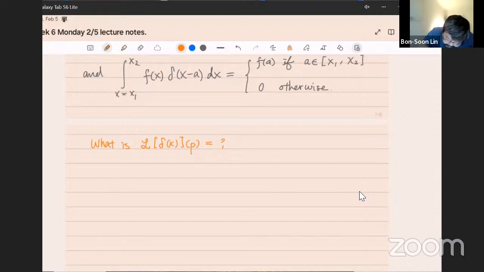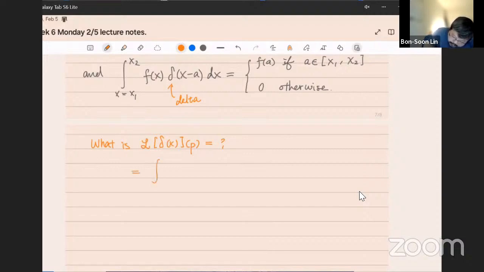And hopefully I'm writing this delta clearly enough, okay? This is delta, the lowercase of this big delta. This is not f or s, this is delta. Well, what is this? Let's calculate.